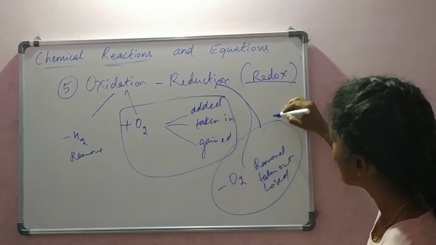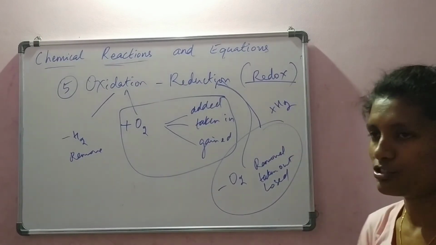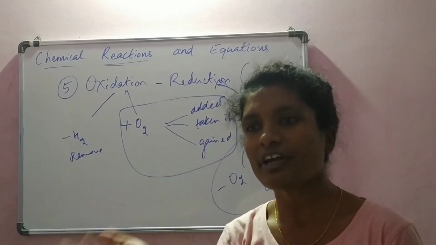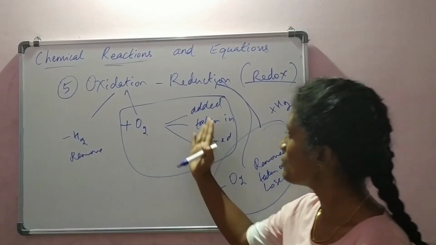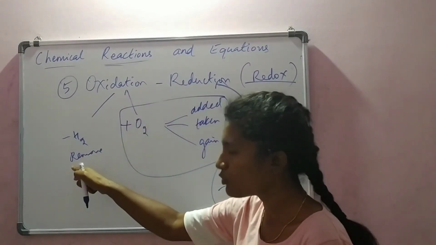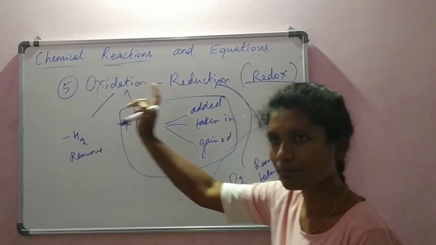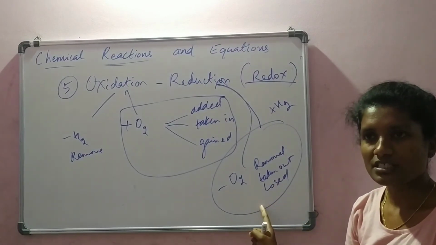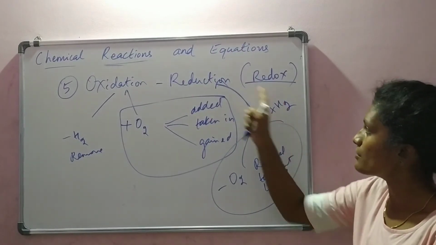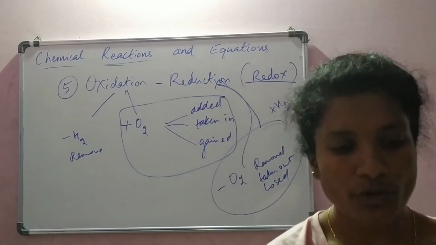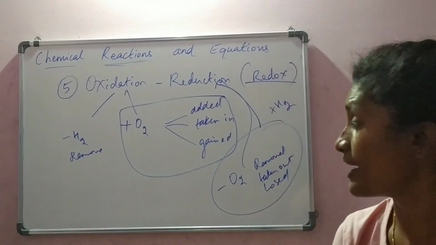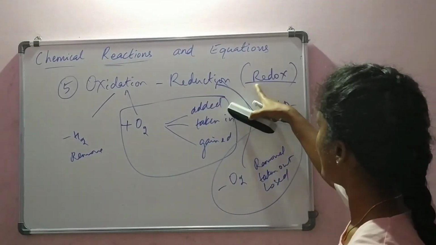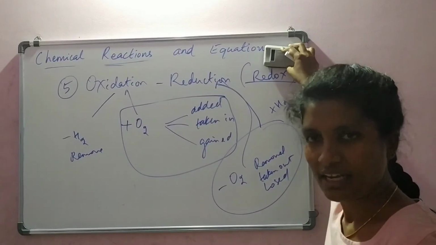It is the addition of hydrogen. So you can define it both ways. Addition of oxygen or removal of hydrogen is called oxidation. Removal of oxygen or addition of hydrogen is called reduction. Together they are called redox reactions. Now we will take an example for this.